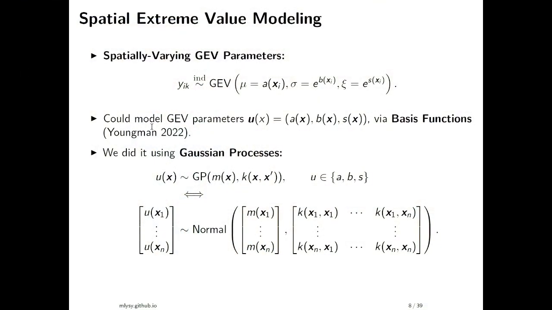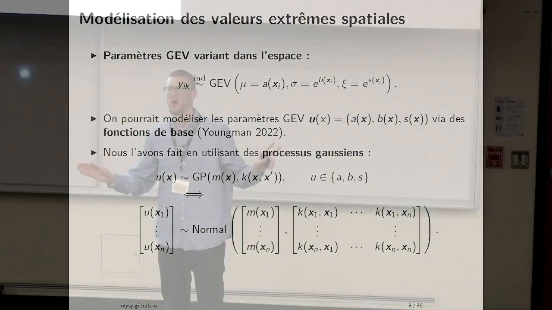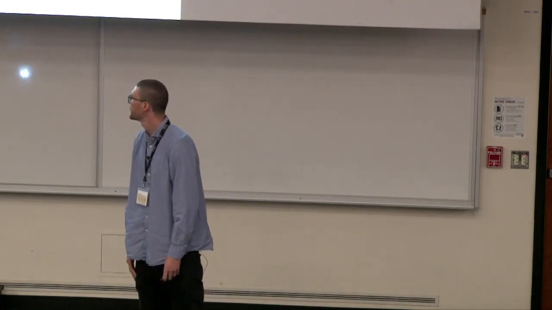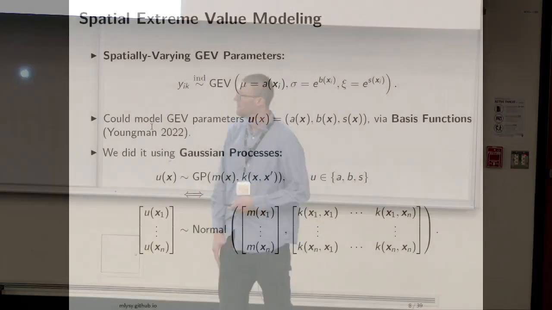You take any finite index sets, in this case it's just locations. So take any finite set of locations, and the distribution at those locations is multivariate normal. It's just the extension of the multivariate normal to arbitrary sets. So there's a mean function we have to define, and there's a covariance function as well.